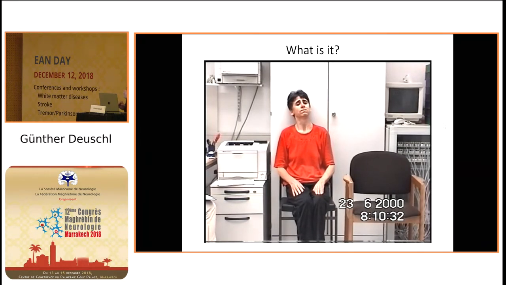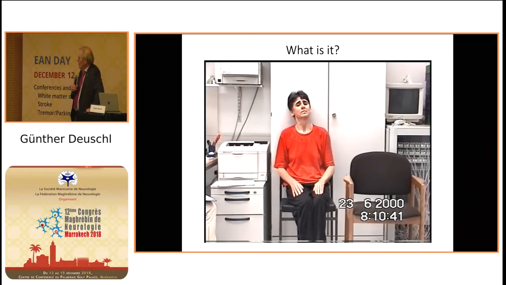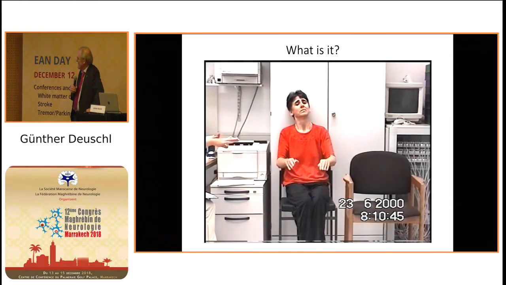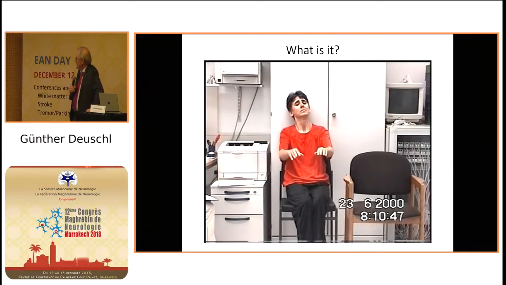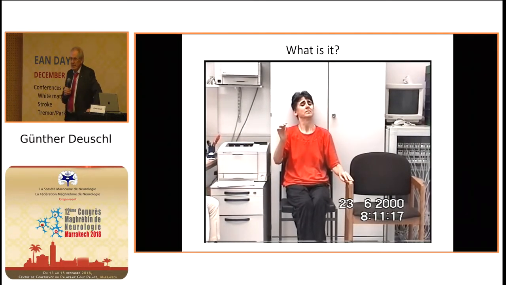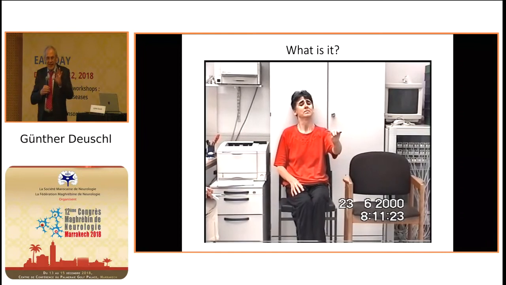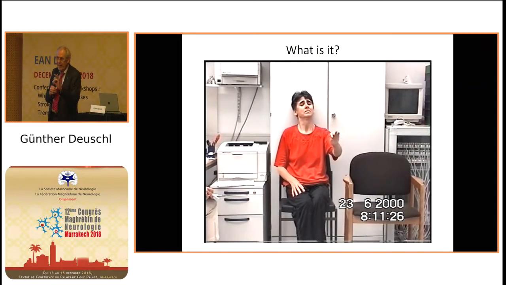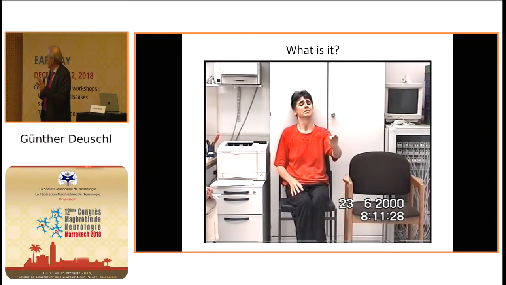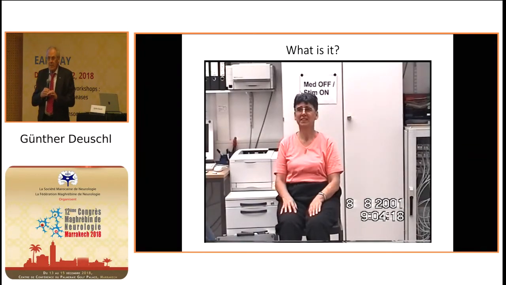Let's look at this lady. You can just comment. So now what do we see? This lady has a very severe tremor during action and any kind of movement. She has some dystonia, that's true.